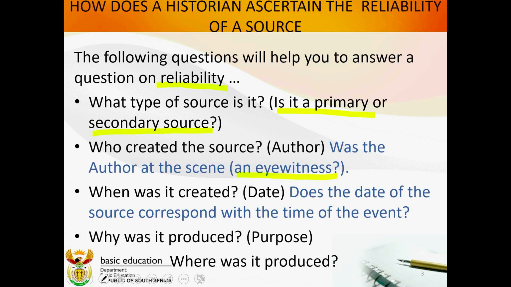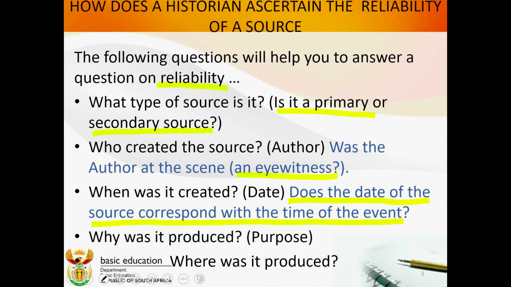When was it created? Does the date of the source correspond with the time of the event? That's what I've already said. This source was written during the TRC years because it says it is an extract from Bishop Tutu in 1996.